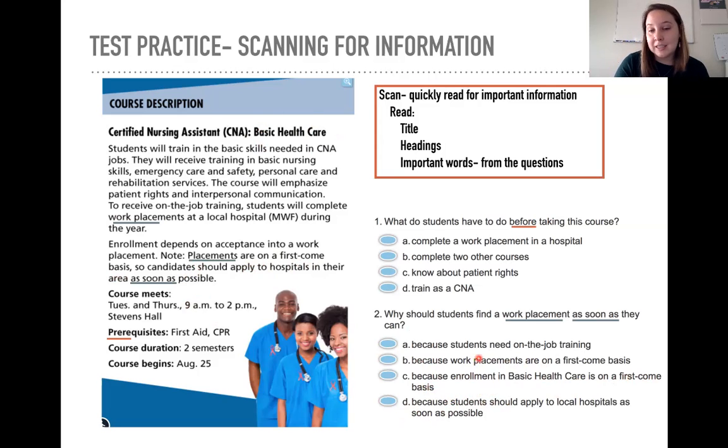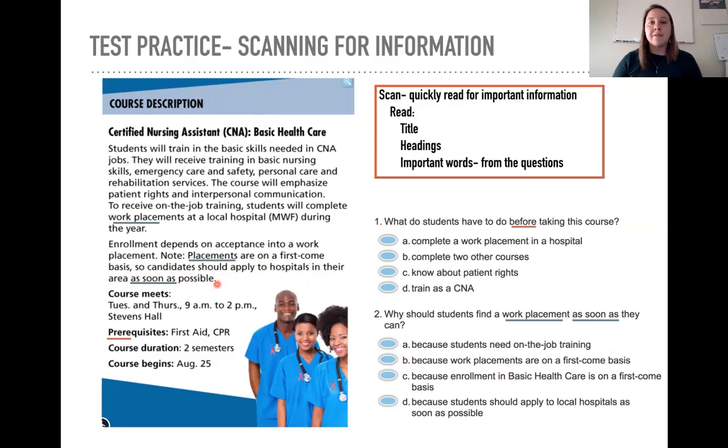So it's not C. So the answer would be B. Placements are on a first-come basis, so candidates should apply to the hospital in their area as soon as possible. When you see so, what comes before it is a reason. That is the reason for the second part.